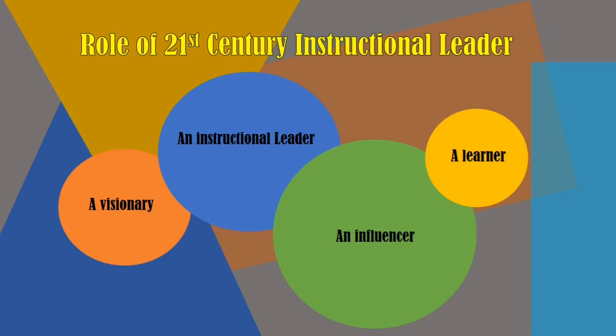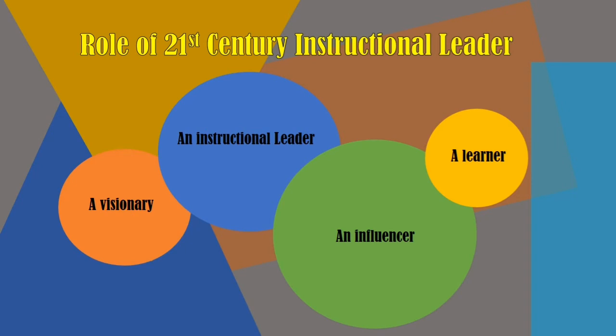As an instructional leader, he has to know the ins and outs of the activities in the school, and as an influencer, he has the ability to make other teachers or his subordinates follow his instructions and work with him in attaining the mission or the vision of the school.